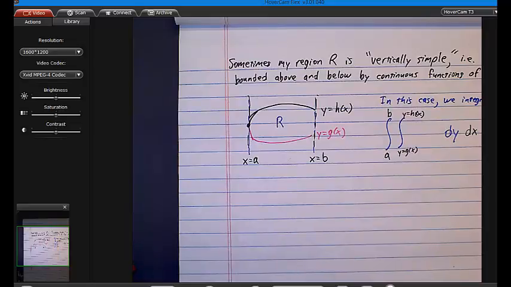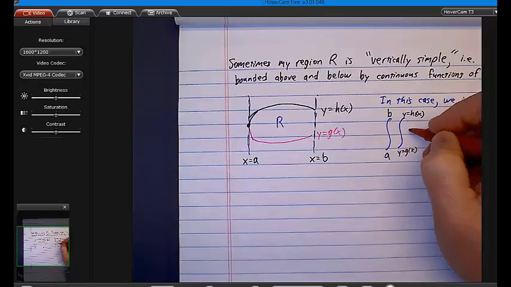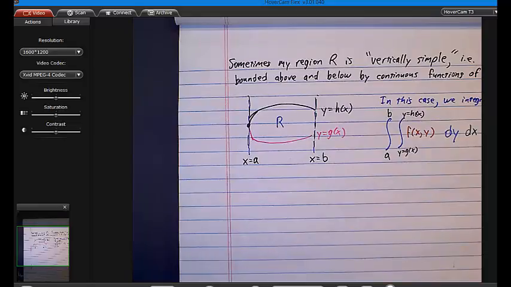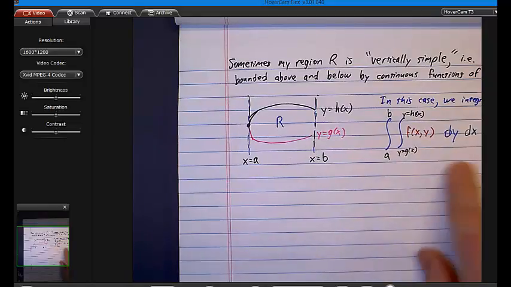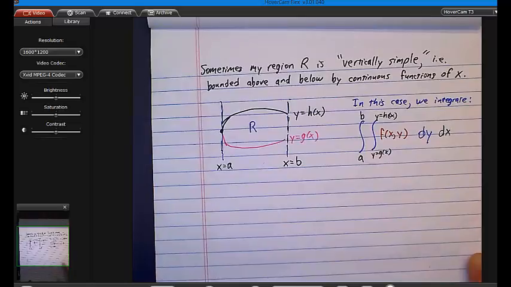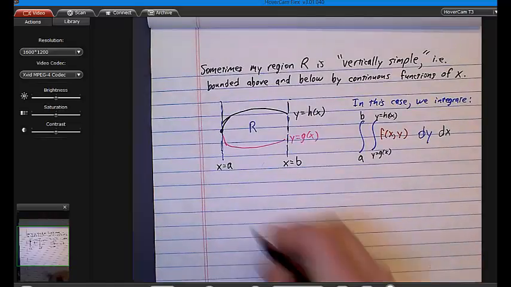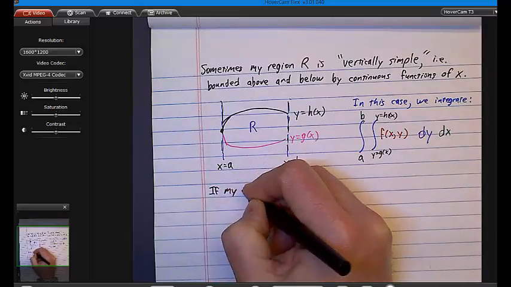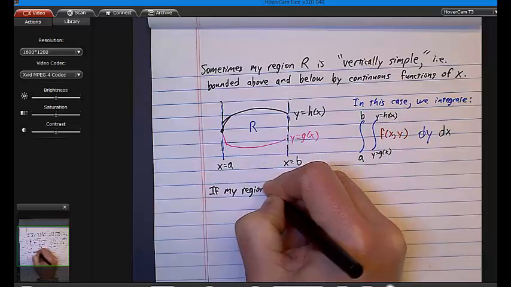Continuous definitely helps, because if it's continuous, it's integrable. Oh, and the only thing that's missing is the integrand. The integrand would be f of x comma y, some function z, which is a surface. Okay. What's the other possibility? If my region R is what?